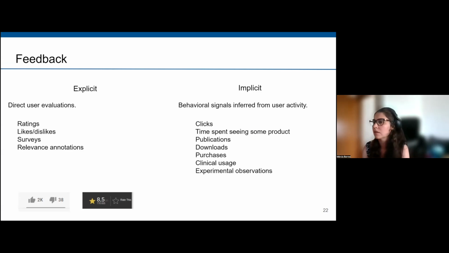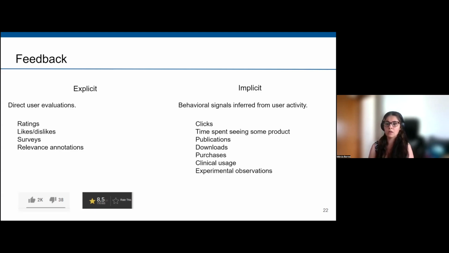Okay. We can also collect this information, for example, from reviews. It's also very, very useful. In the implicit feedback, this is trickier because we will infer the rating from the behavior of the user.